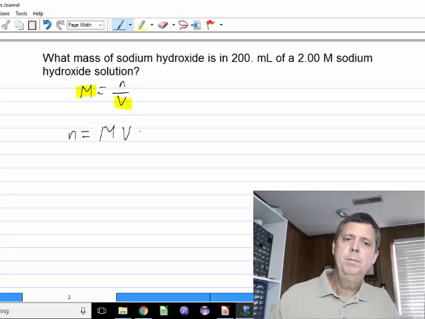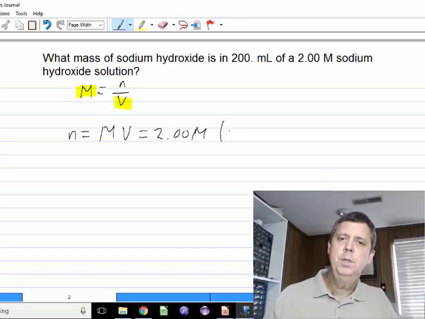n is molarity times volume, 2.00 molar times volume, which of course is 200 milliliters, but we know that molarity is really moles over liters, so we need to get our units to cancel out.